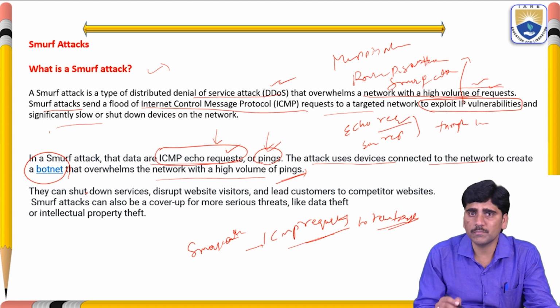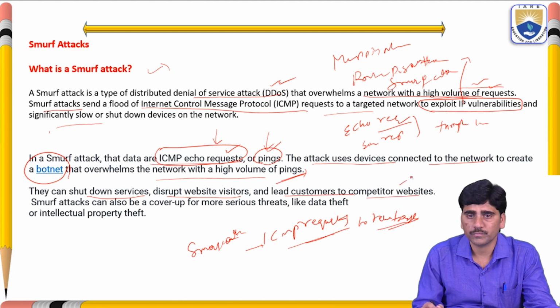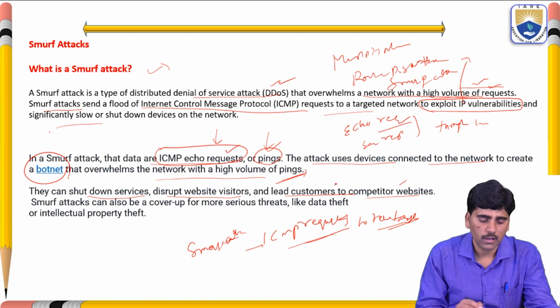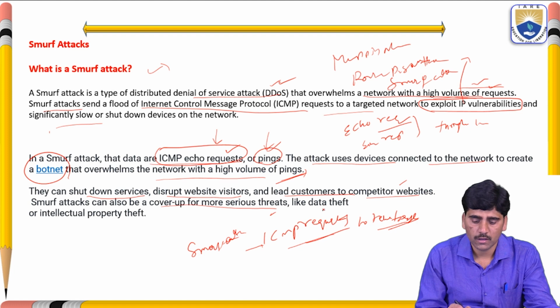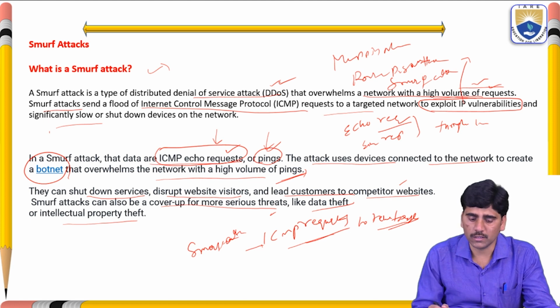By attacking the target systems, they can shut down services, disrupt website visitors, and lead customers to competitor websites. It can also be a cover-up for more serious threats like data theft or intellectual property theft.